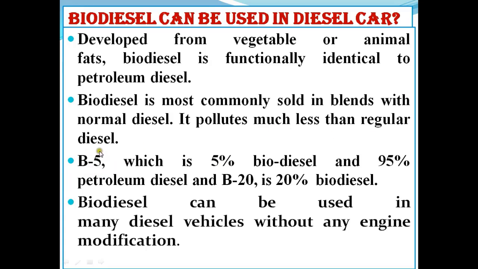The kinds of blends are B5, which is 5% biodiesel and 95% petroleum diesel, and B20, which is 20% biodiesel and 80% petroleum diesel. Biodiesel can be used in many diesel vehicles without any engine modifications.